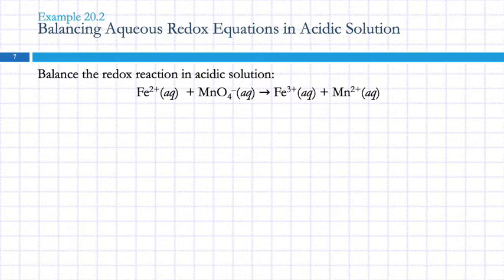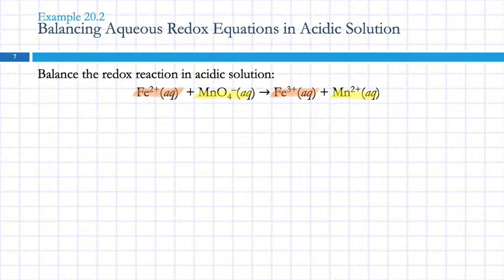Separate into half reactions. So here's iron. What's the thing on the product side that's going to go with that? The iron 3, right? And then the MnO4 minus and the Mn must go together.